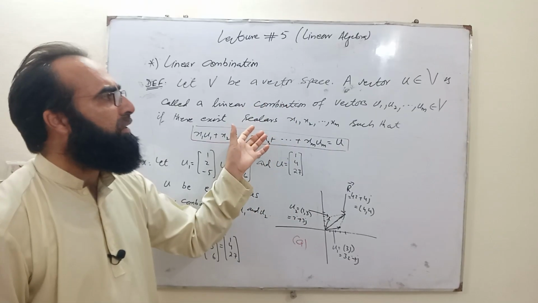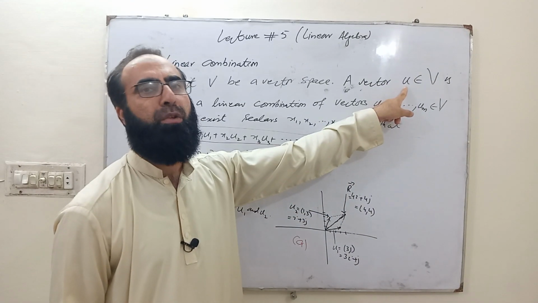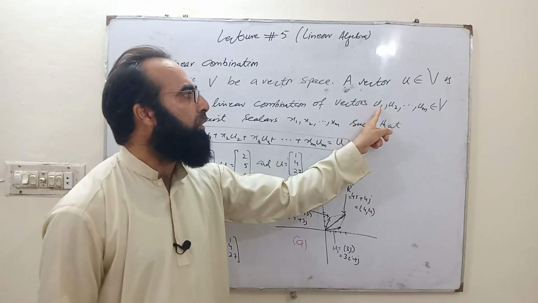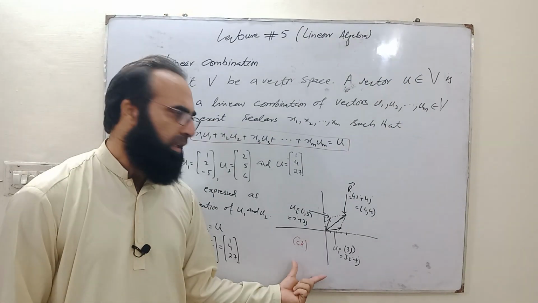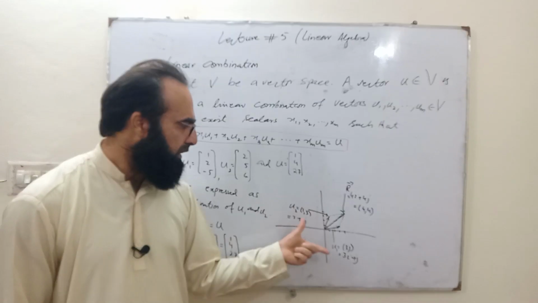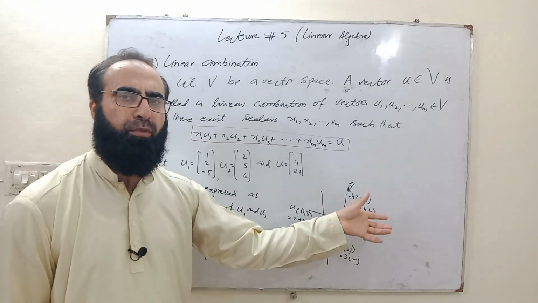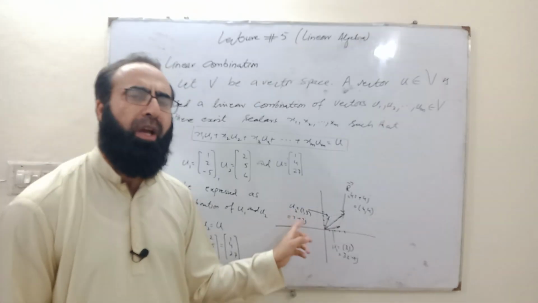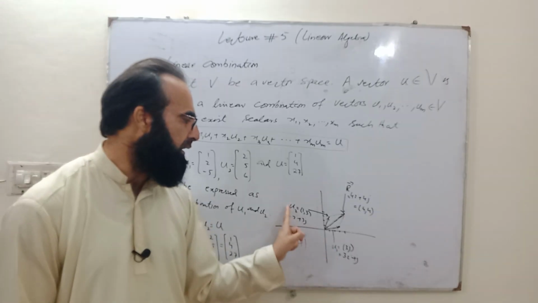In this definition, such type of vectors are represented by u, and such type of vectors are represented by u1, u2 up to um. In this figure A, this r is the resultant of these two, and there may be so many vectors which we can write in terms of u1 and u2, and all those vectors are known as linear combinations of u1 and u2.